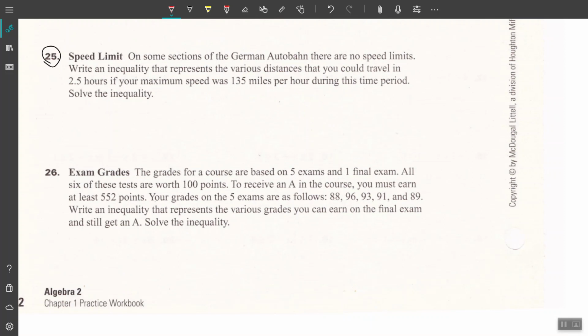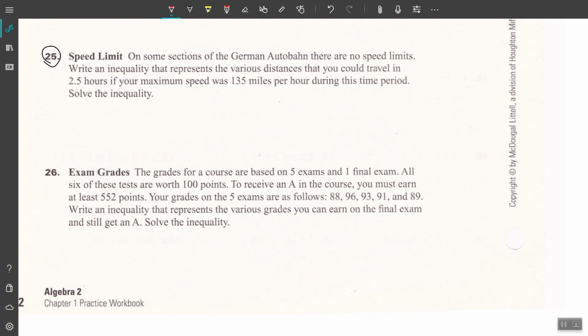Okay, and then on number 25, they ask us to write an inequality that represents the various distances that we could travel on this German Autobahn where there are no speed limits. So what are the various distances we could travel if we traveled 2.5 hours and the maximum speed we went was 135 miles per hour? All right, they want an inequality.